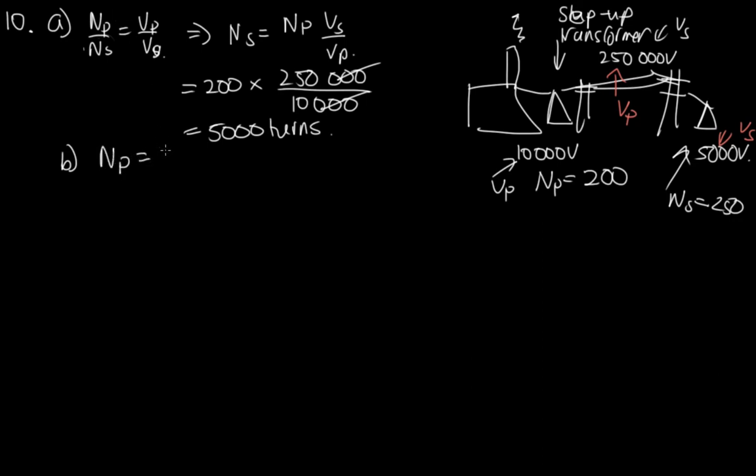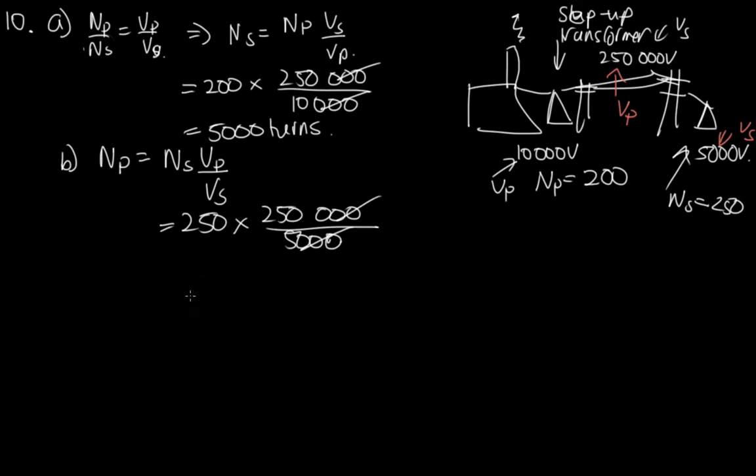We can see NP is going to be equal to NS times VP on VS. The number of turns in the secondary coil is 250. The voltage in the primary coil is 250,000, and the voltage in the secondary coil is 5,000. Those thousands cancel out. 250 divided by 5 gives us 50, times 250 gives us 12,500 turns.